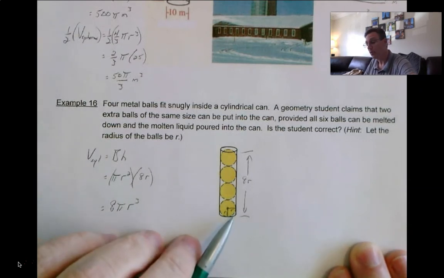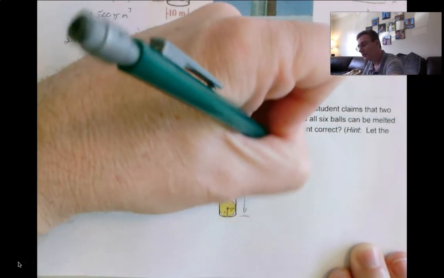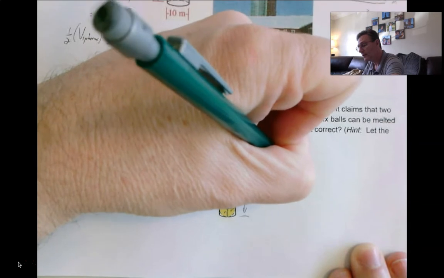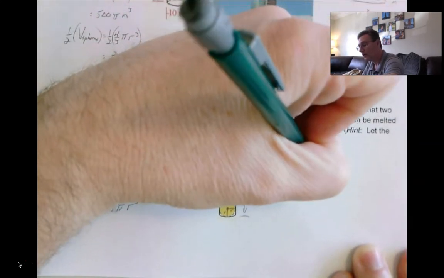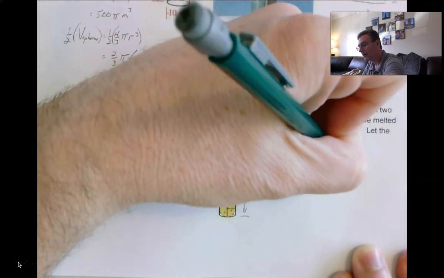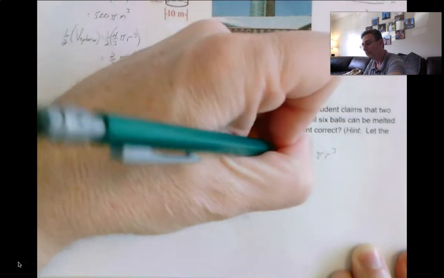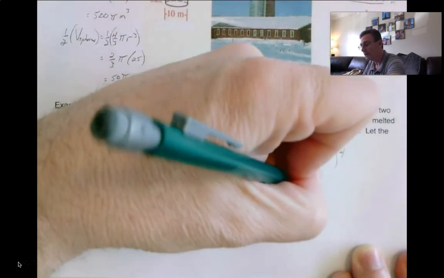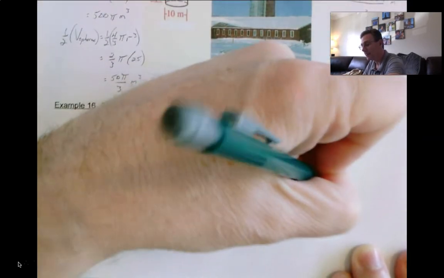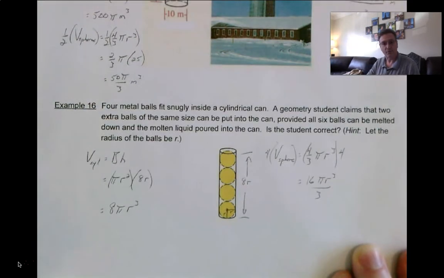Let's find the volume of one of the metal balls. So volume of the sphere is equal to 4/3 pi r cubed. But we have 1, 2, 3, 4 of them. So we have 16 pi r cubed over 3.